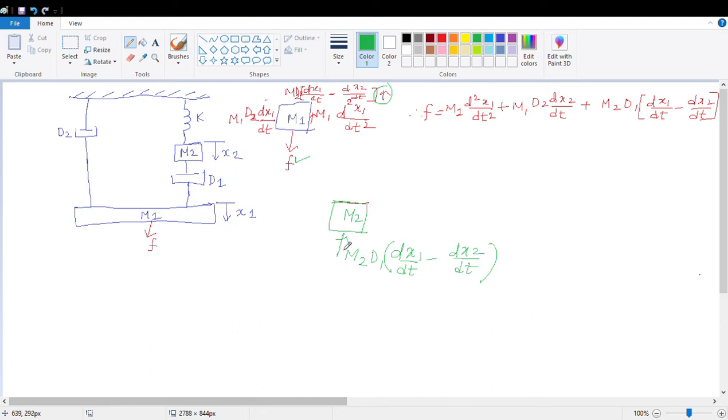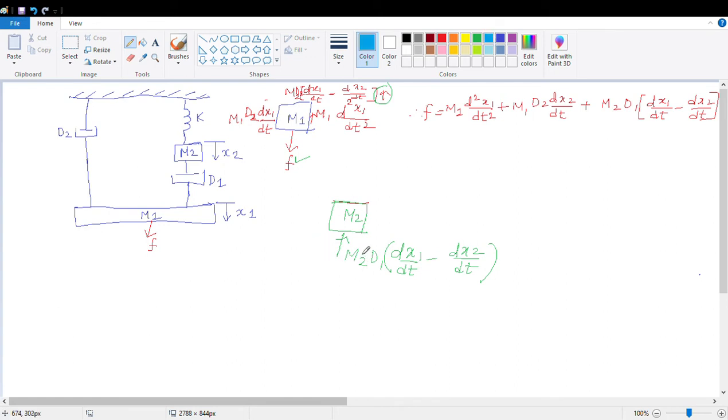M2 is going in this upward direction, so to maintain the position of M2, the other forces naturally oppose this force. What are those other forces?